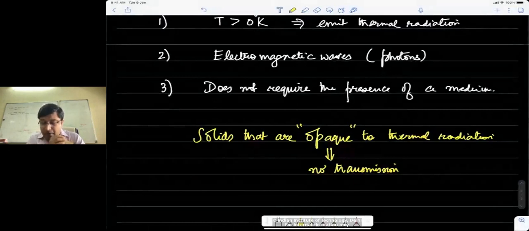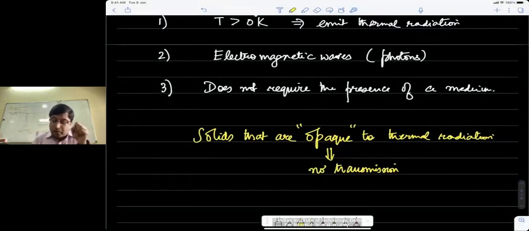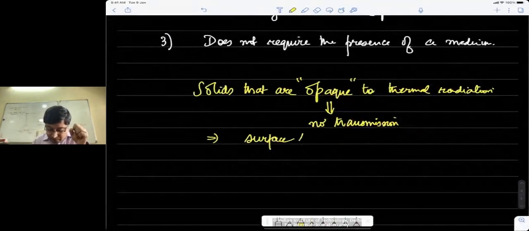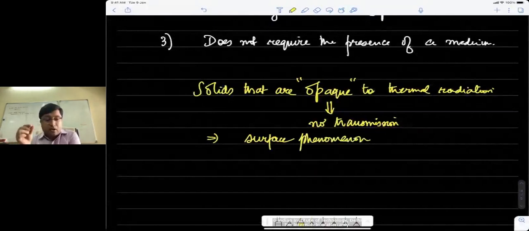So for solids that are opaque to thermal radiation, the radiation tends to go from a volumetric phenomenon to a surface phenomenon. Which basically means that the thin surface layer on a solid is what will actually absorb or emit radiation.